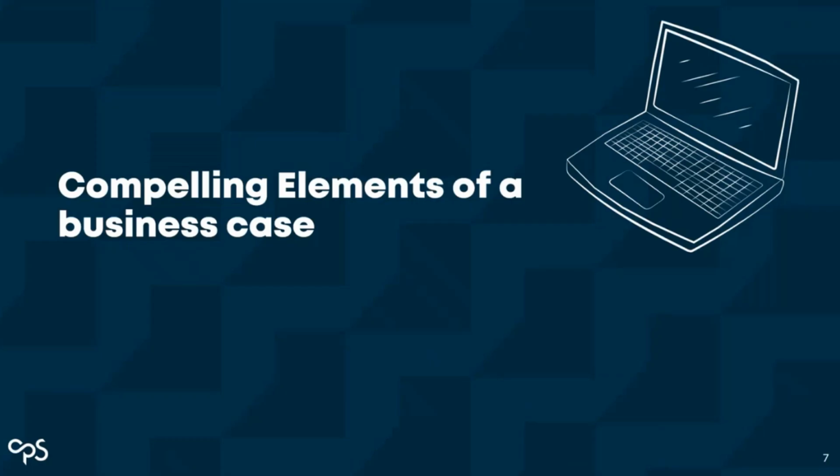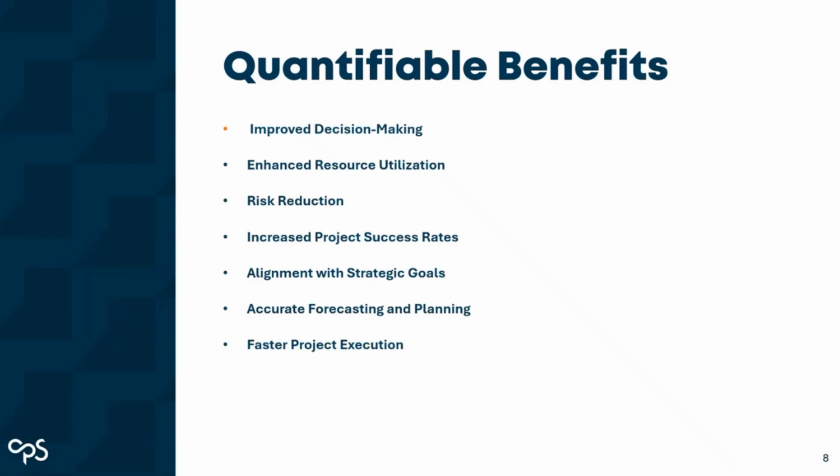So what are the compelling elements of a business case? Well, the key parts are obviously the quantifiable benefits, and quantifiable means several things. It means that you can put pounds, shillings and pence signs on it, but it also means that you can measure it, that you can attribute it, and that people understand where those benefits are going to arise and when.